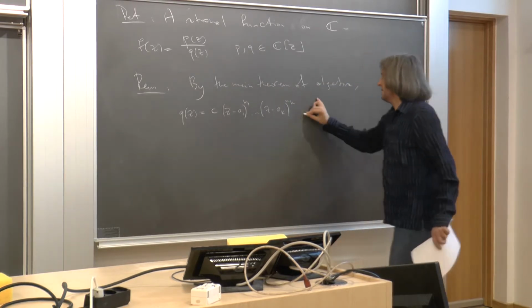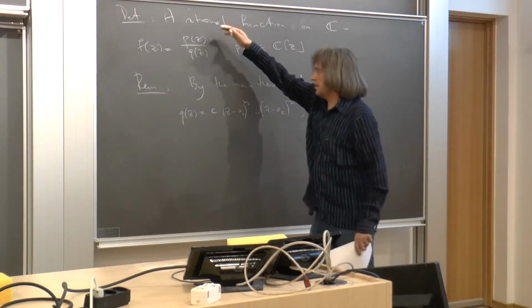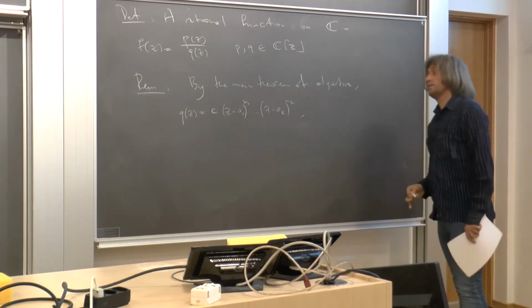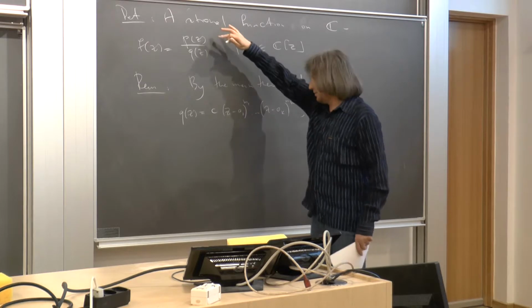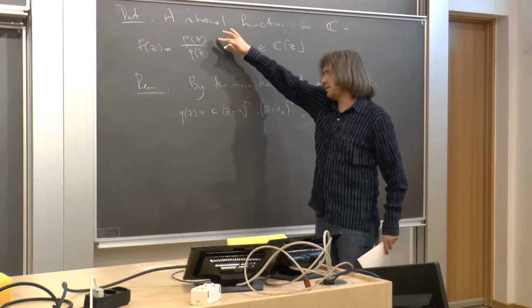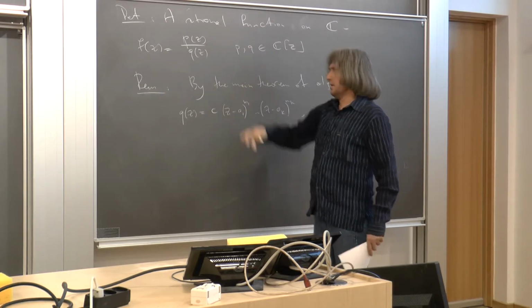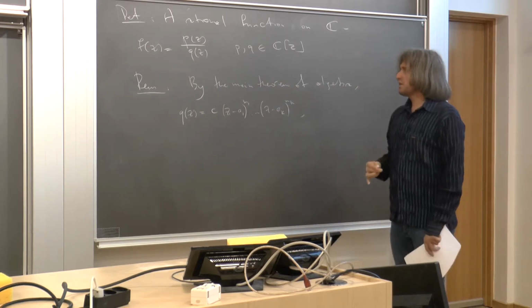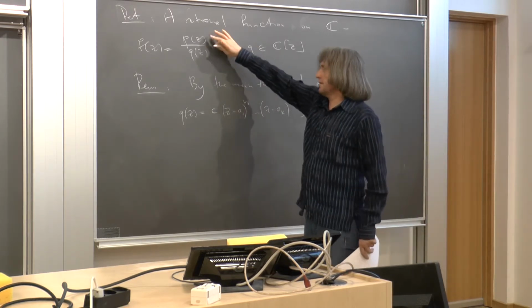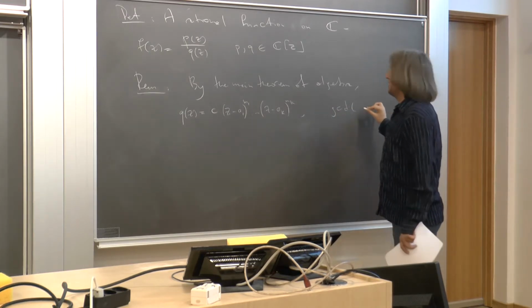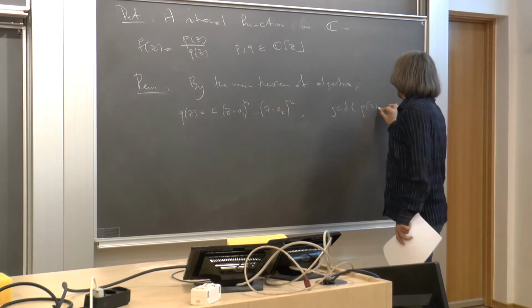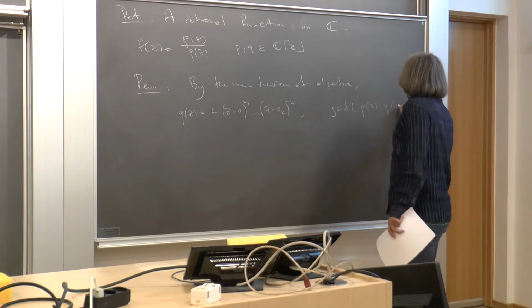And let's say that we removed common divisors from this expression. Such expression, of course, is not unique. We can multiply both the numerator and the denominator by something. It will be the same function, but let's say that the greatest common divisor of P of z and Q of z equals 1.